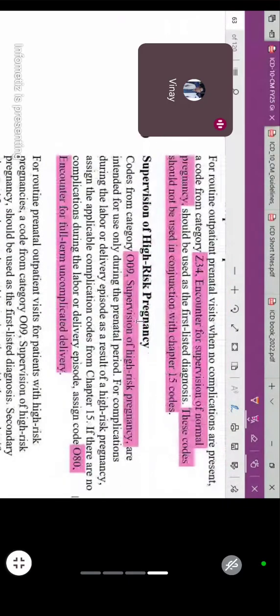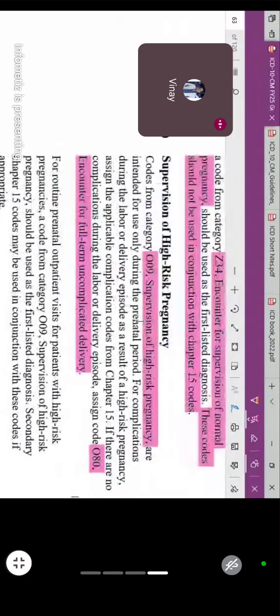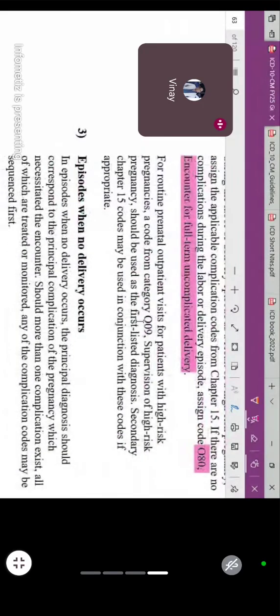The same lady, if she is coming to deliver a baby, and the delivery was done without any complication, then O80. Good. Yes, sir. Z34 is for an office OPD visit, just a consultation. And O80 is a delivery code for the same lady who does not have any complication.